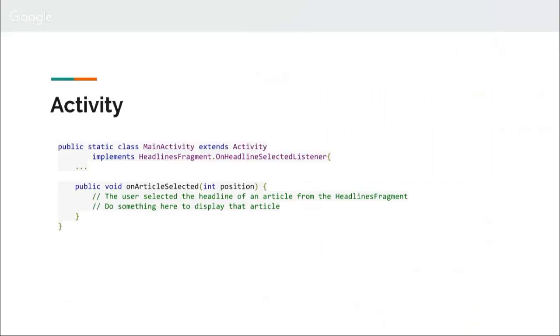But there's a problem. You see, if the activity becomes too complex, we'll see if the fragments need to communicate, then we'll add an interface for each one of them. And this one is empty, but imagine if the methods are really long or really complicated, then the size of the activity will grow and grow.